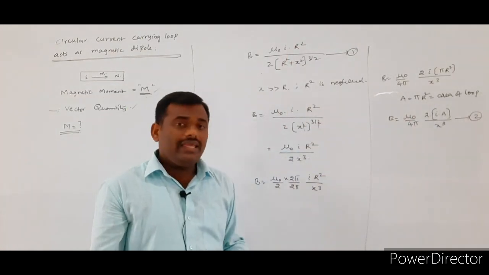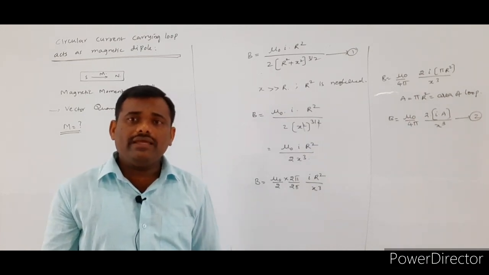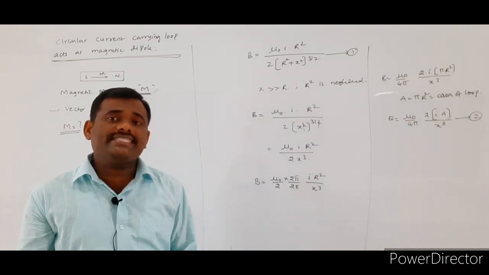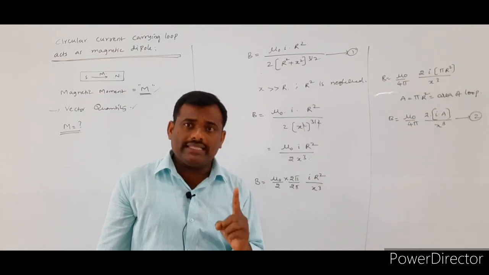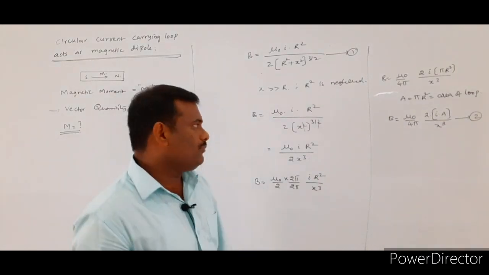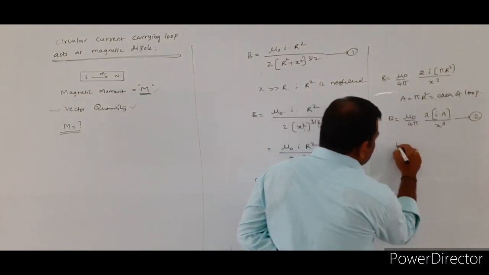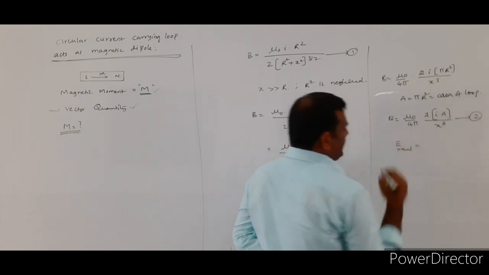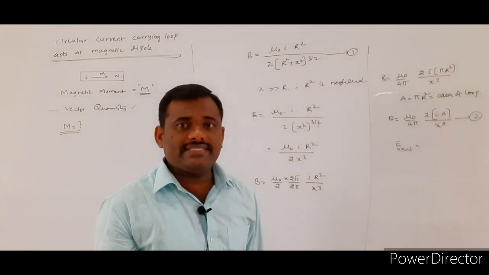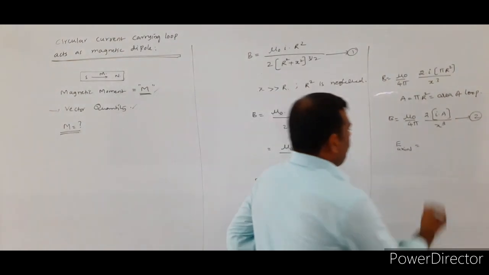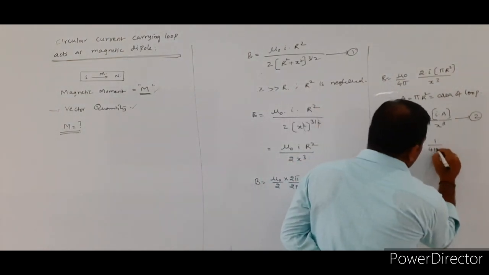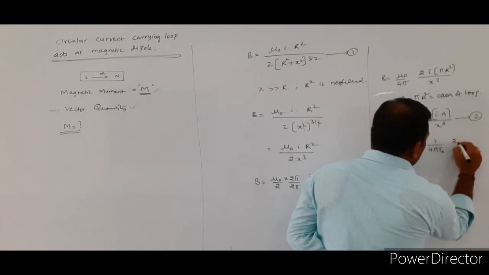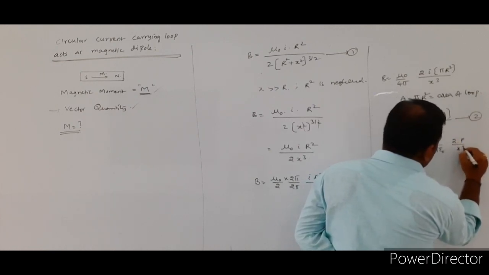Now, in electrostatics, in the concept of the electrical dipole, the electric field intensity on the axial line is given by 1 by 4 pi epsilon naught, 2 into p by x cube.